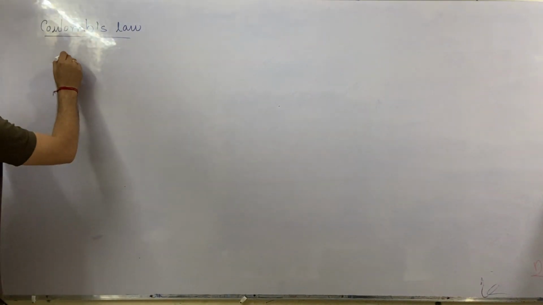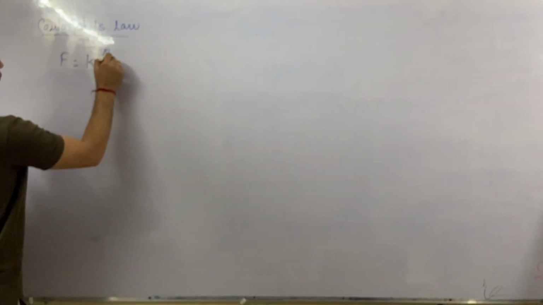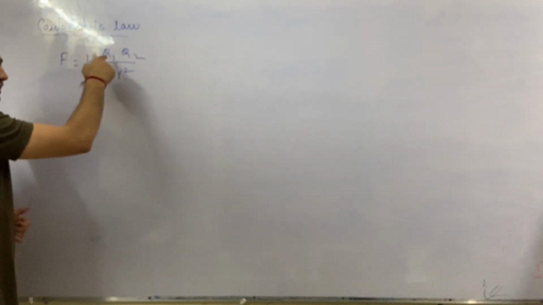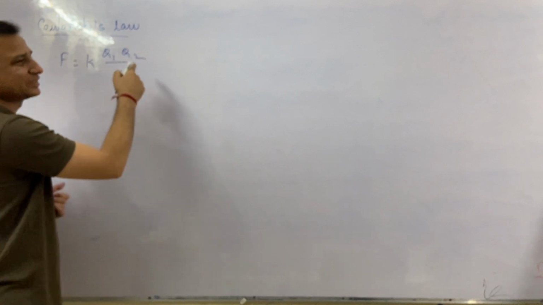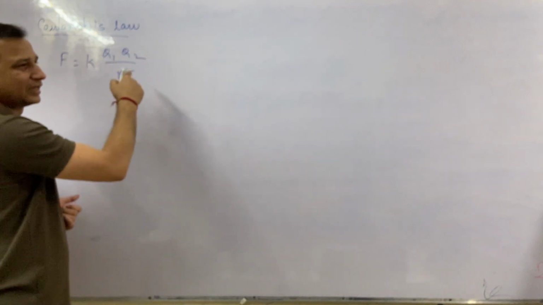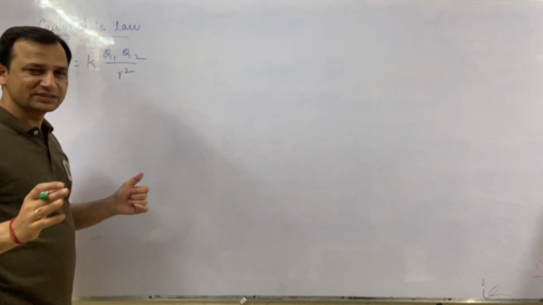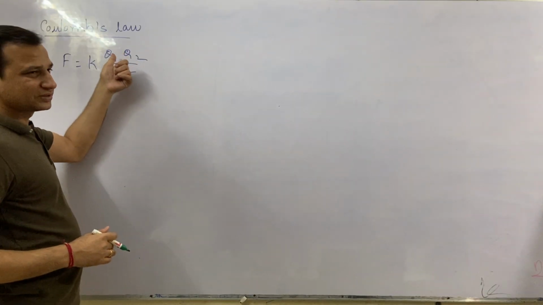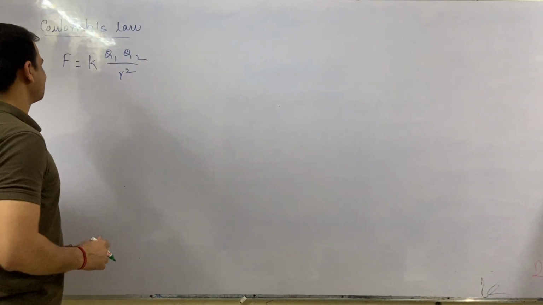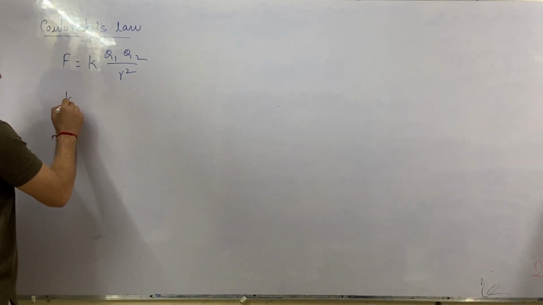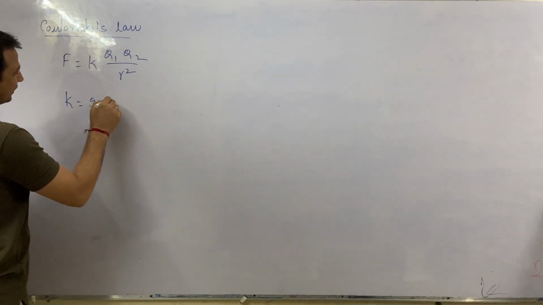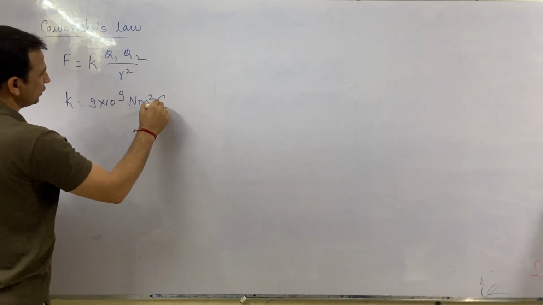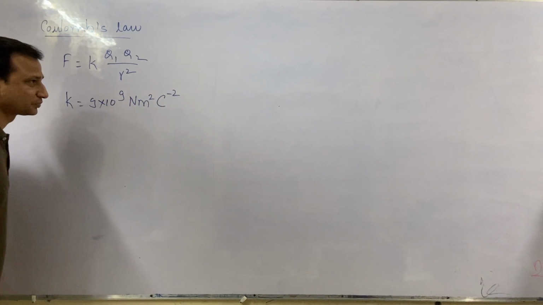So F is equal to K Q1 Q2 by R square. Sometimes you can write Q1 as a small letter or capital letter, that doesn't matter, but you should know that these two are the charges. And K is equal to 9 into 10 power 9 Newton meter square Coulomb power minus 2.